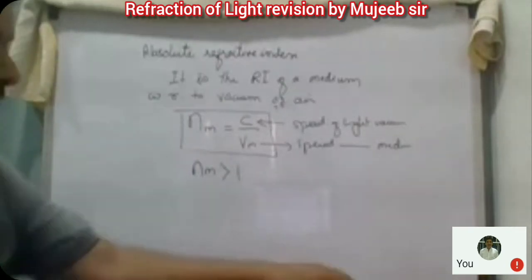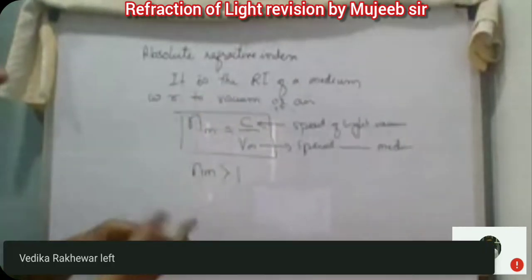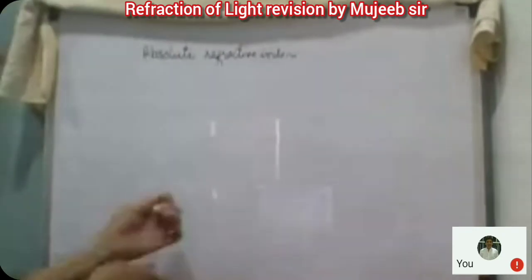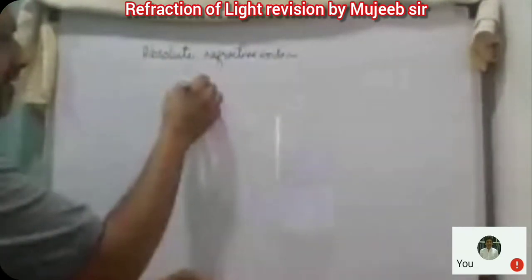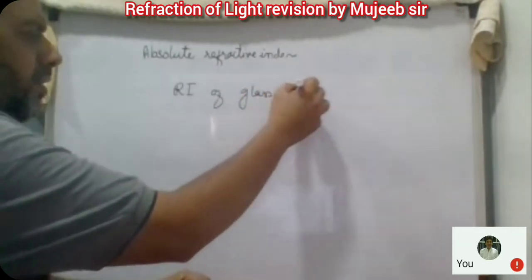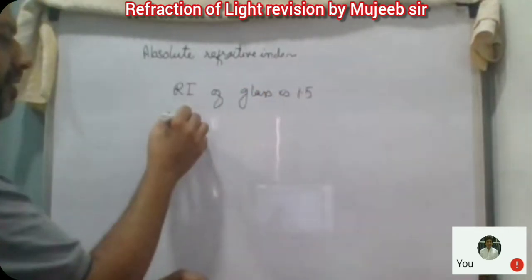Sometimes a question will be given to you that the refractive index of glass is 1.5. What does it mean?